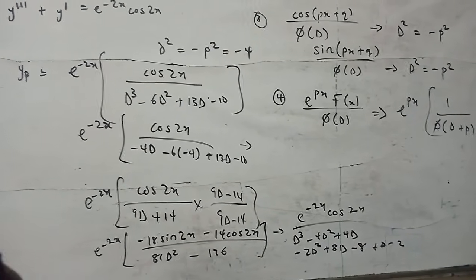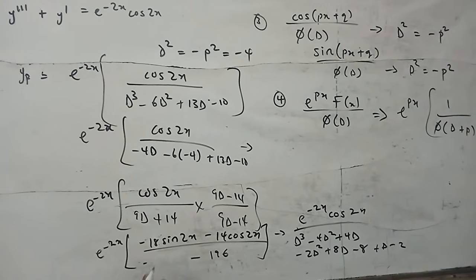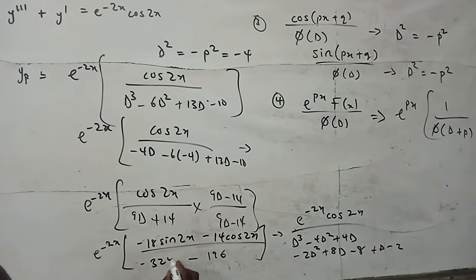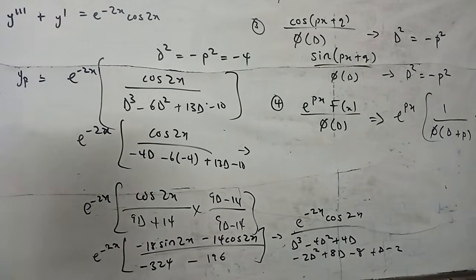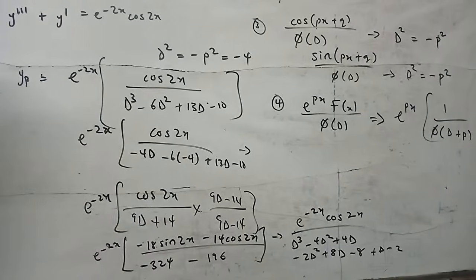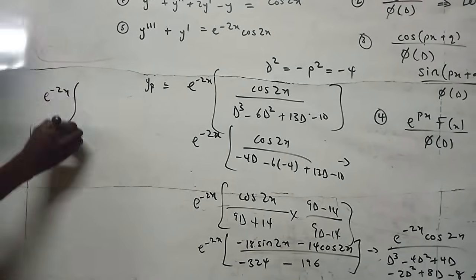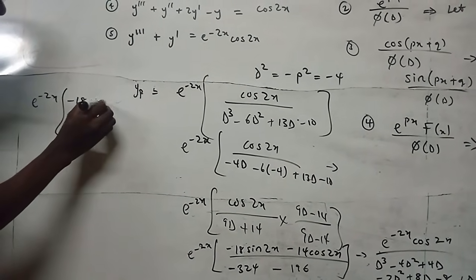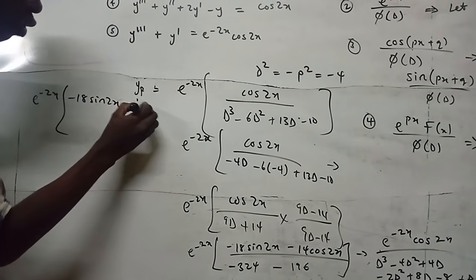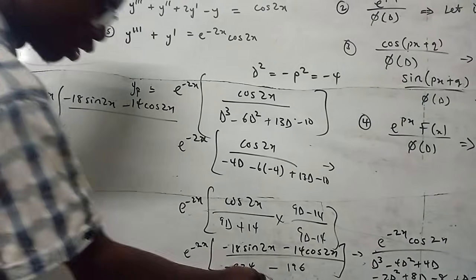Alright, so don't forget what this square is. This square is minus 4. So we have minus 81 times 4 is 324, so we have minus this. Yes. So our final answer is going to become e minus 2x, minus 18 sine 2x minus 14 cos 2x over minus this plus this.